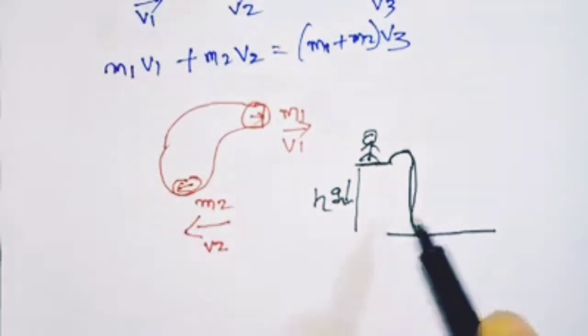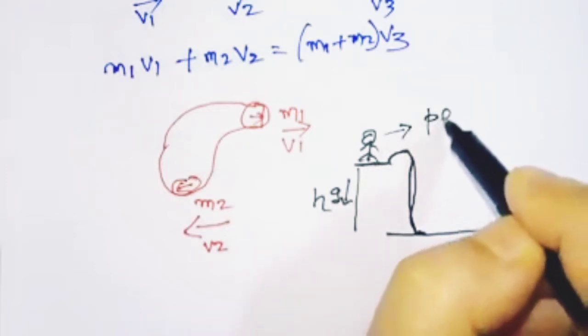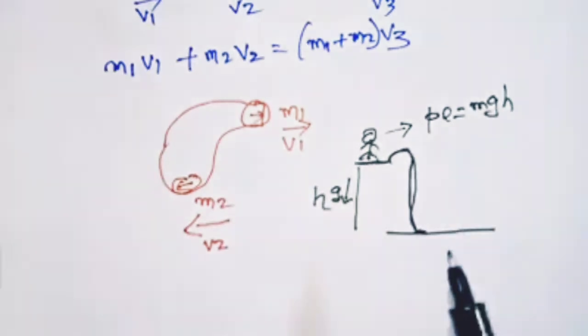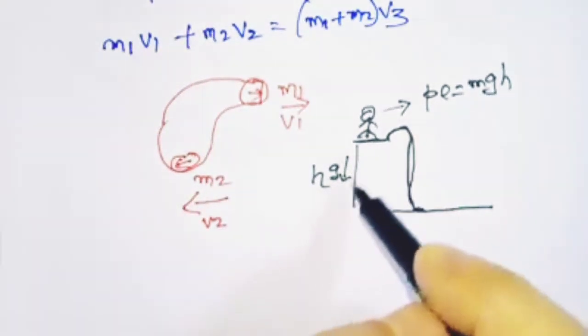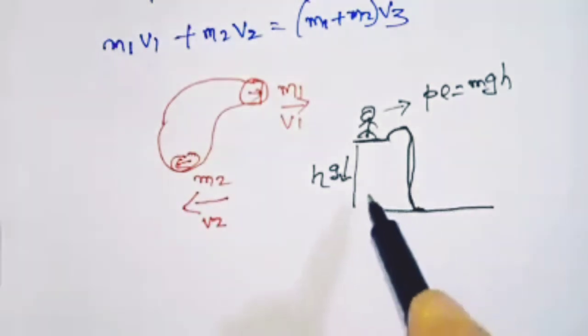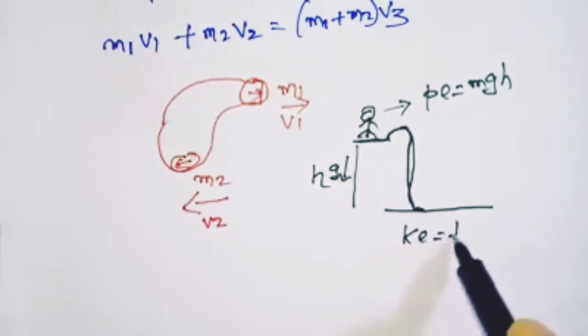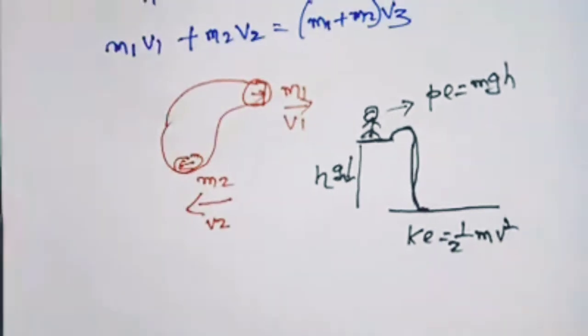The entire potential energy here is given by height, so it is mgh. This is mass, this is gravitational acceleration, this is the height h. So your entire potential energy is going to get converted to what? To kinetic energy, which is half of mv squared, which we found in the previous equations.